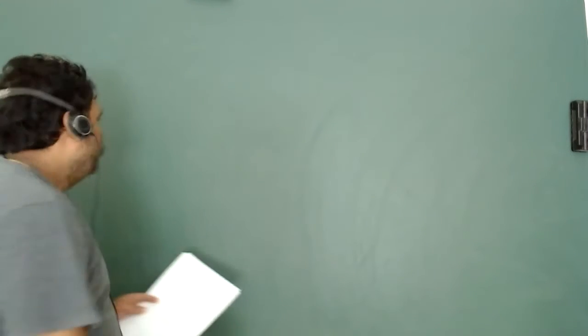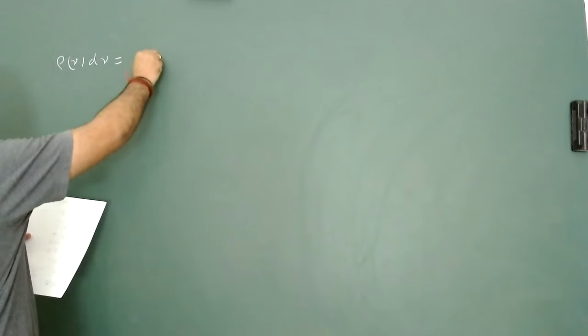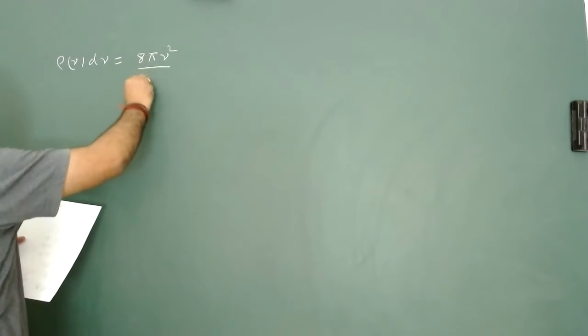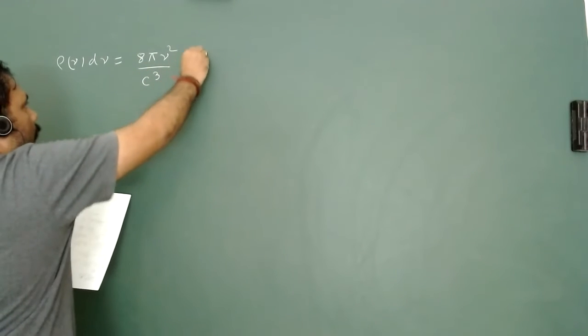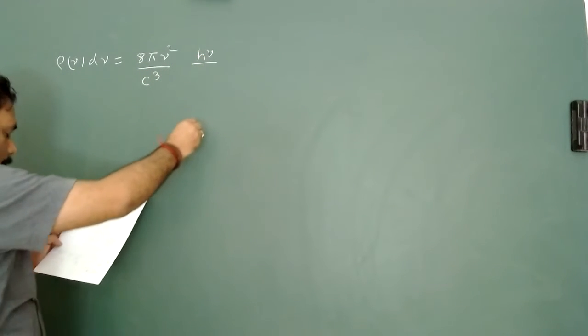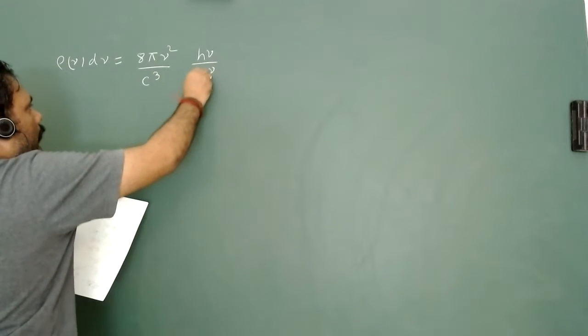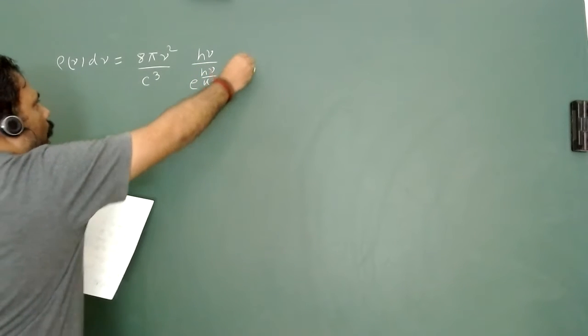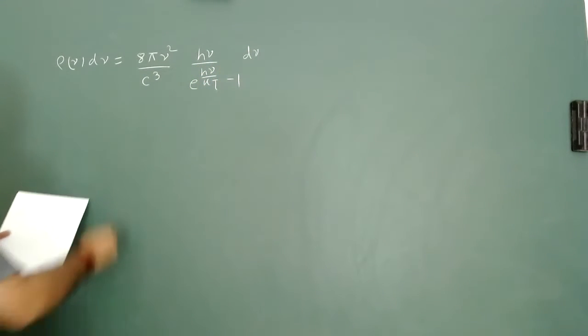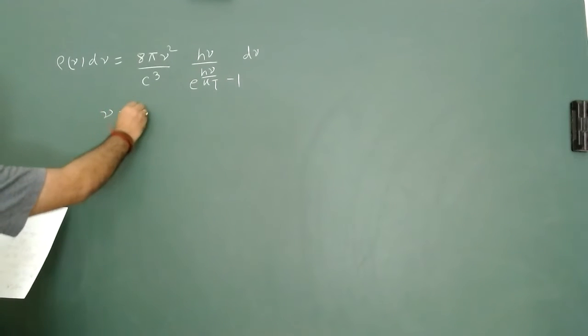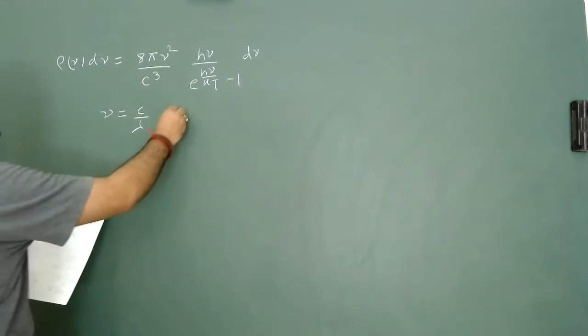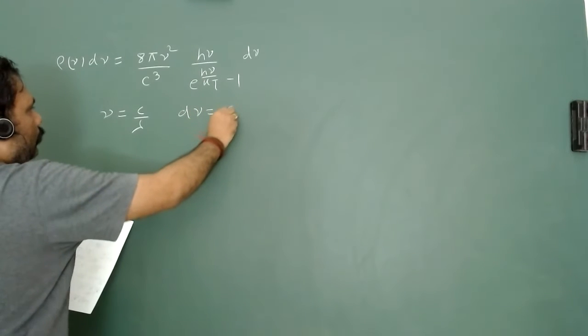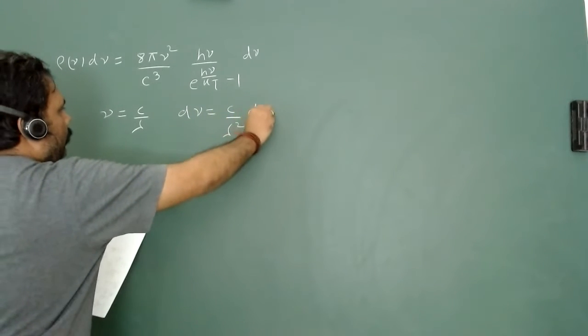So we have this distribution formula: rho nu d nu is equal to 8 pi nu square upon c cube, times h nu upon e to the power h nu upon kT minus 1, d nu. Again we are using the formula nu is equal to c upon lambda, and d nu is equal to c upon lambda square d lambda.